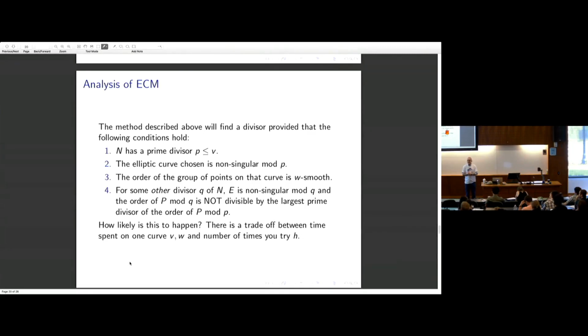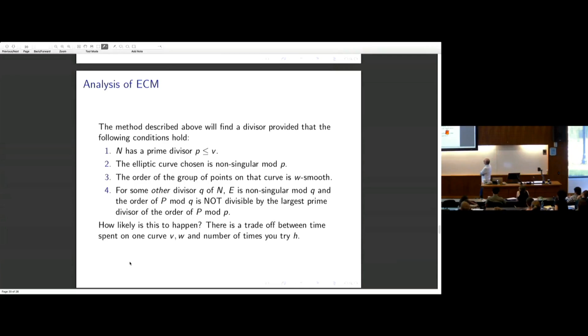It would be the analog in the P-1 method if it happened that P-1 and Q-1, where those were the two prime factors, were such that the m that you picked was divisible by both of them. And so then, even though the number's composite, you'd get 1 in both factors by Fermat's little theorem. So these are the things that you're trying to avoid.